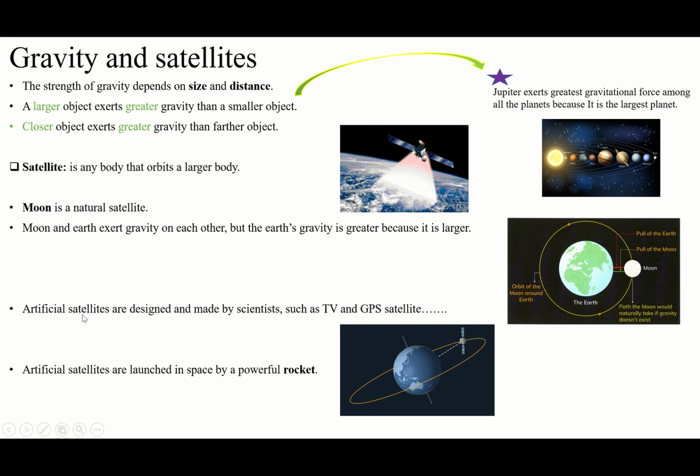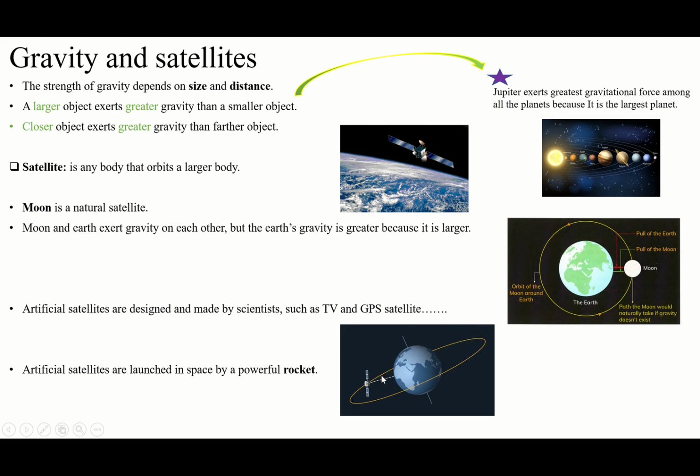We studied this. And guys, we have something else about satellites: any small body that moves around a larger body, we call this a satellite. The moon is an example of a natural satellite because it's moving around a larger body, which is Earth. And we have something else, we call it an artificial satellite. Artificial satellites are designed and made by scientists.